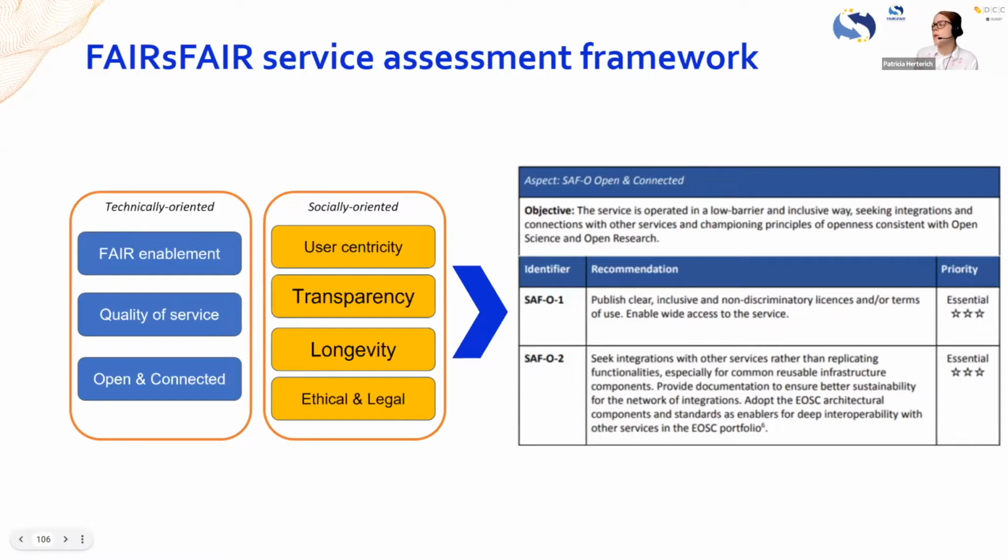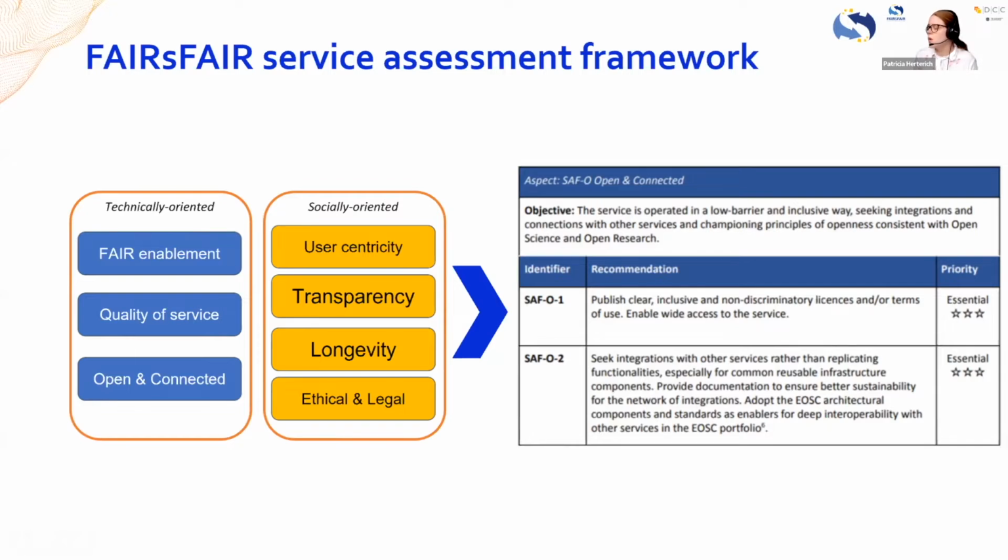And the way our framework is structured, for each of these 7 aspects, you have an objective that the recommendations are trying to support. And then you have a set of recommendations. As you can see here, they each have their identifier, so you can identify them easily.